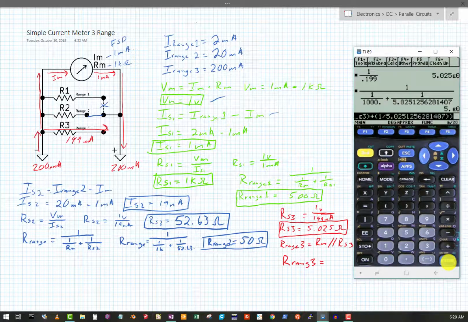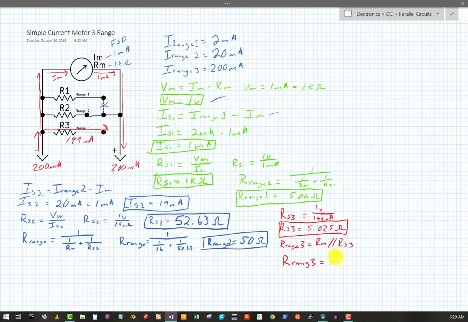So 5 ohms. 5 ohms is how much meter loading I would have in this circuit. So I found my 3 resistances and my 3 range resistances.